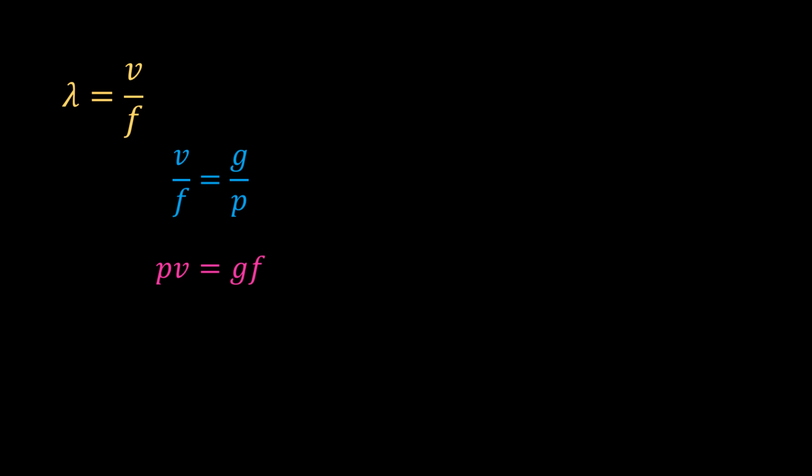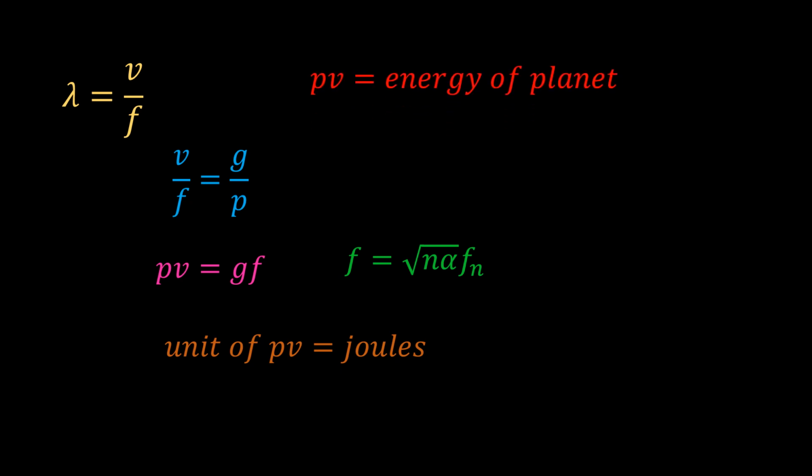That is the frequency that will be measured in the lab, and it is related to the orbital frequency as follows. The unit of P times V is the unit of energy, which is the joules. So the term PV is energy. Therefore, our popular expression becomes E equal to GF.